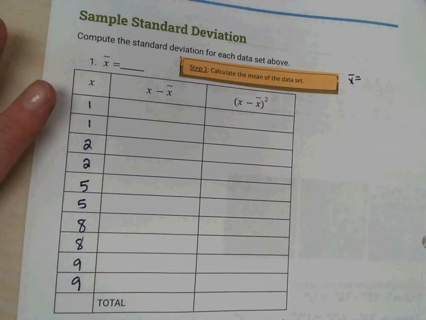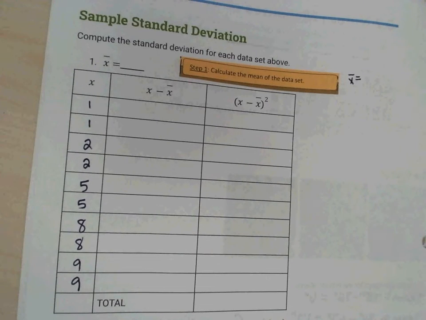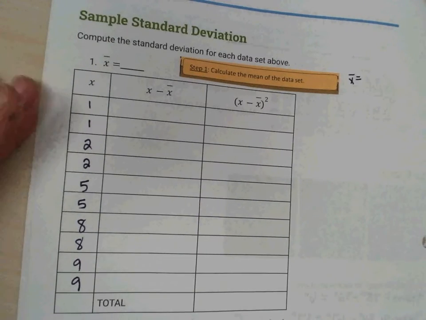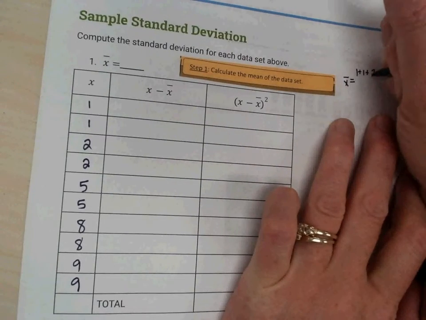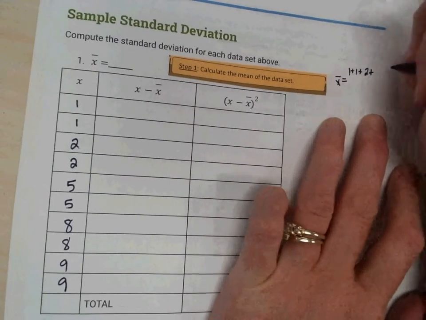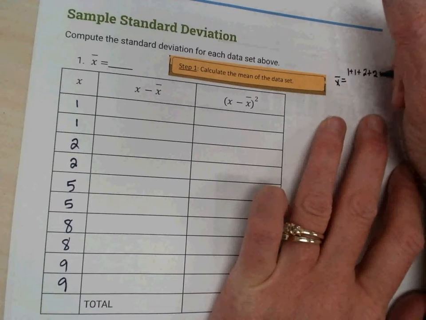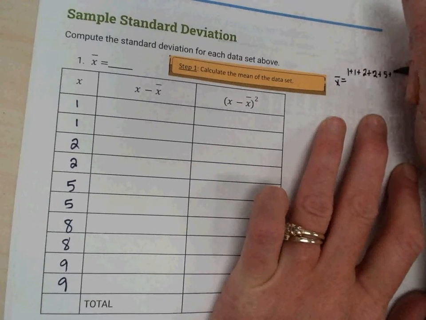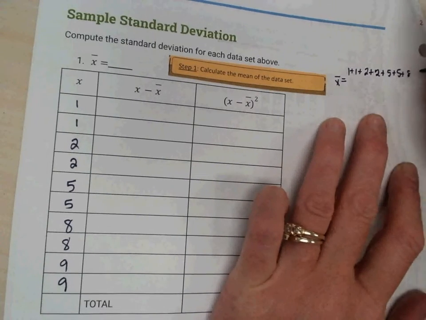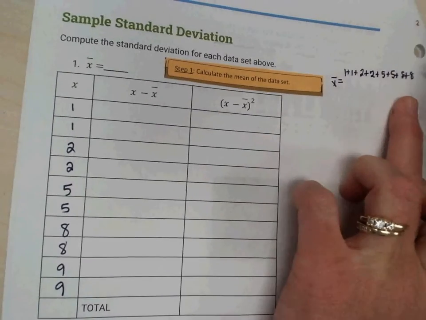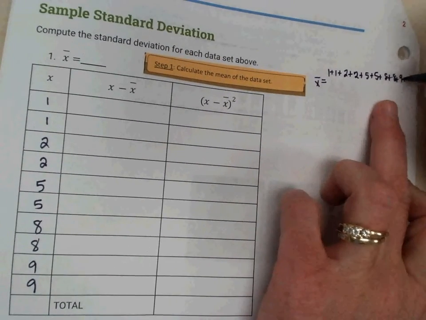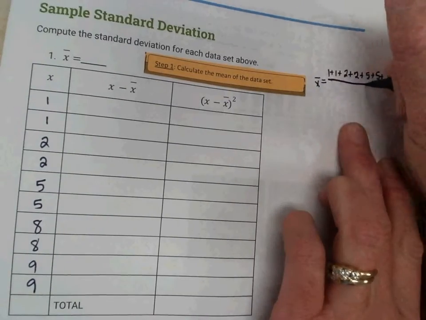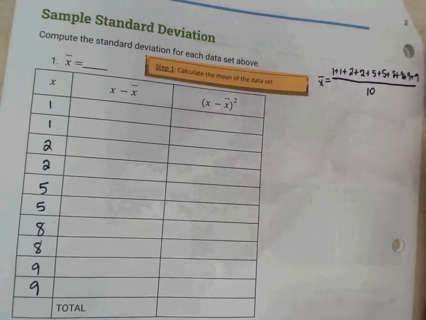Find the mean, just add them all up and divide by how many there are. So go ahead and calculate that. And there are 10 numbers.